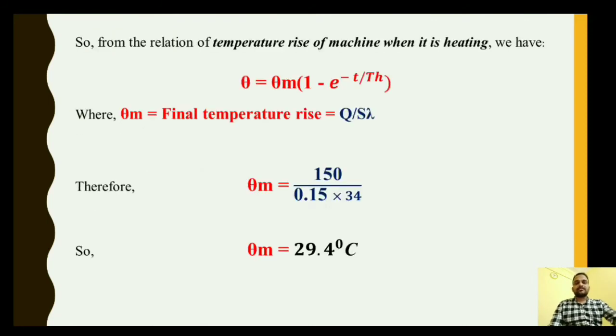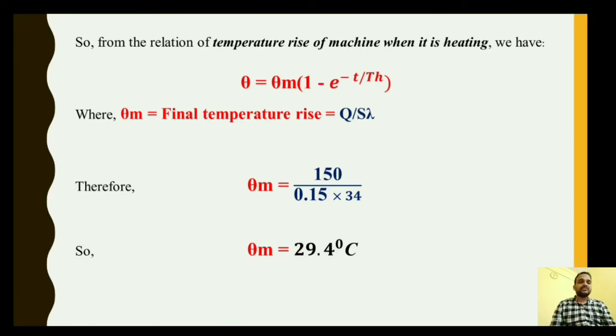Now, we have the temperature rise of machine when it is heating. We derived this relation in the previous lecture: theta equals theta m in bracket 1 minus e to the power minus t upon th, where th represents the heating time constant.